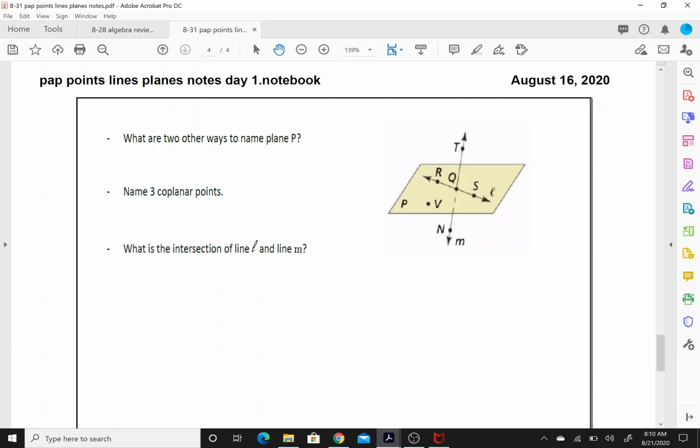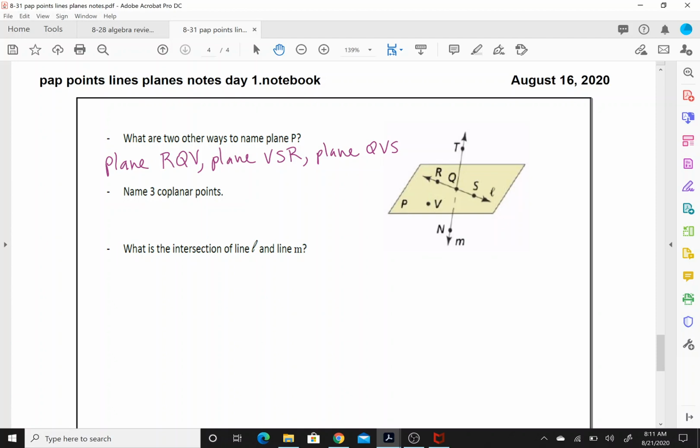So I could call it plane RQV, or I could call it plane VSR, okay? Plane QVS. As long as you choose 2 of these on this line plus point V, you can name that plane.